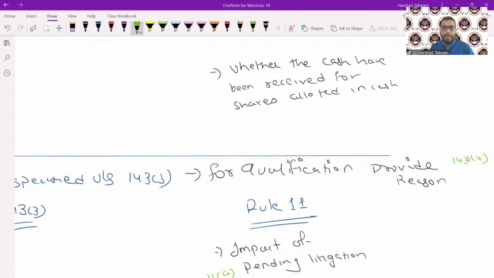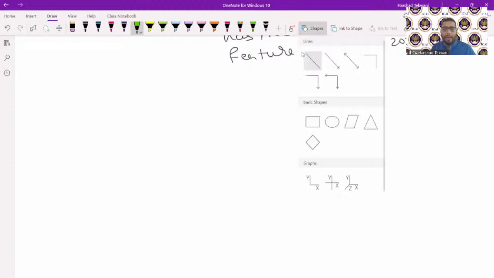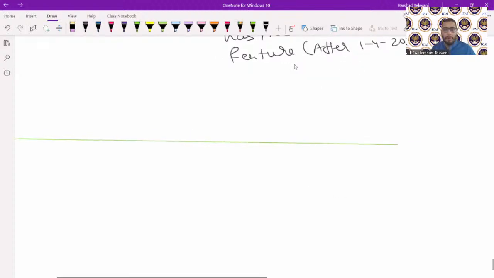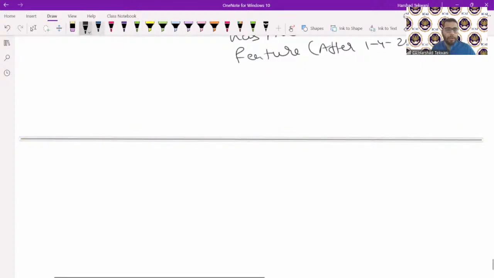Now there are certain provisions with respect to government company audit. Government company audits are mostly audits where CAG is also involved.